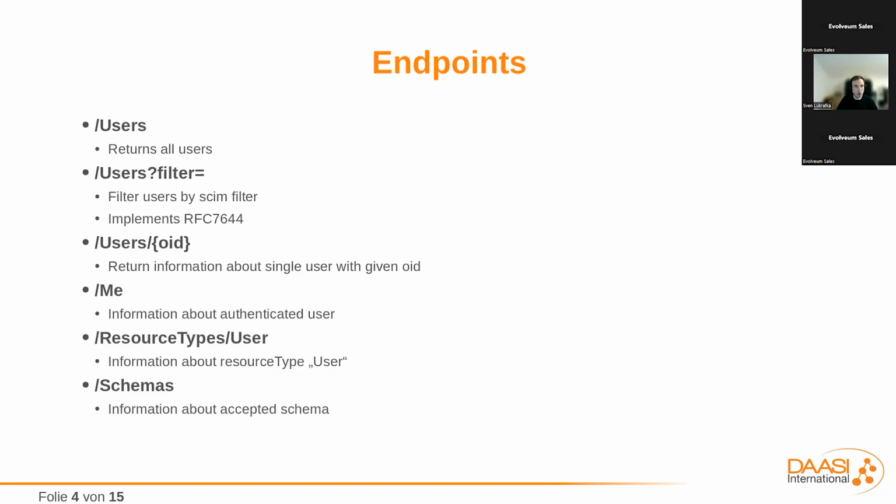But you don't always want to have all the users at once. You probably want to use some kind of filter, and that's the second endpoint. You are able to provide an option to this /users endpoint, and that will be the filter option. This is an actual SCIM filter, so it has some requirements according to syntax.